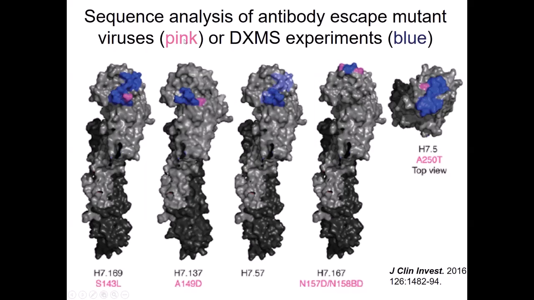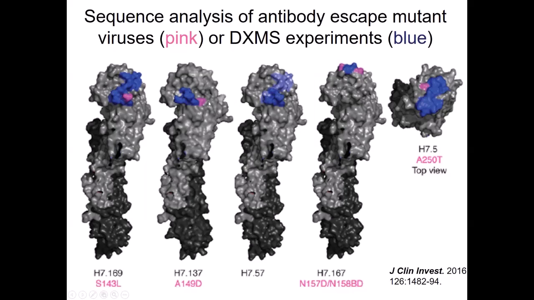Then you do a separate experiment where you add an antibody Fab, you make a complex, and then you label, and whatever peptides disappear in surface labeling in the presence of the antibody are interpreted to be the epitope. And so we just pseudo-colored on these representations of the protomer in blue the DXMS peptides that we identified. This was done with Sheng Li at UCSD, who's a proteomics expert.